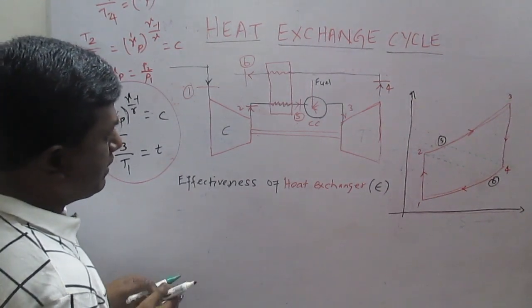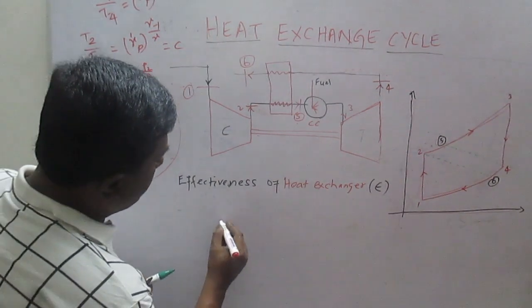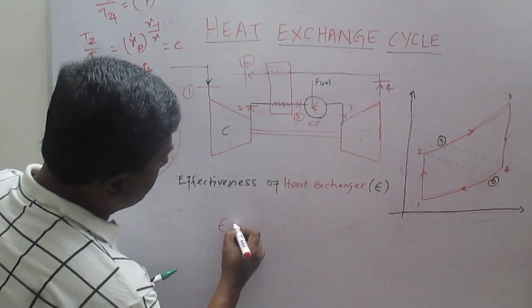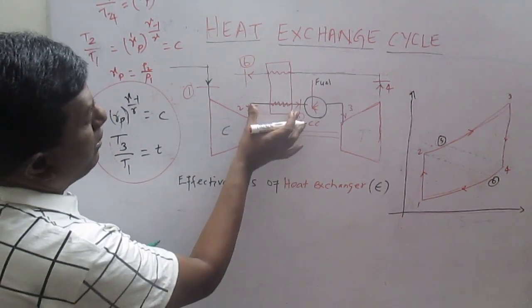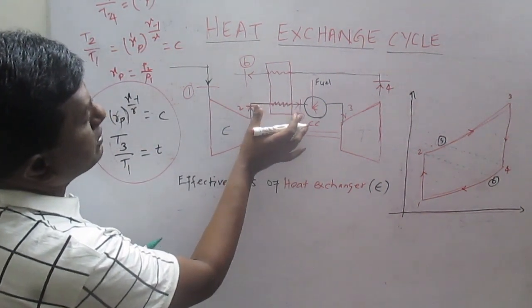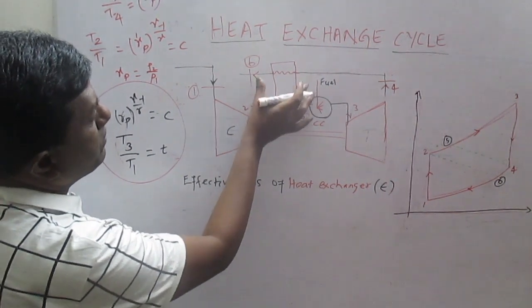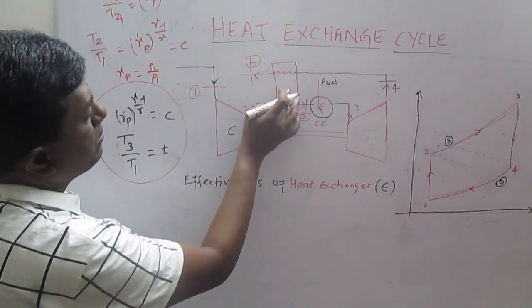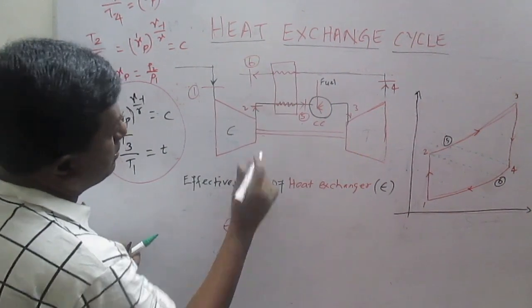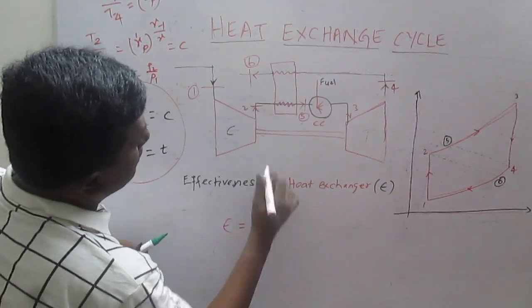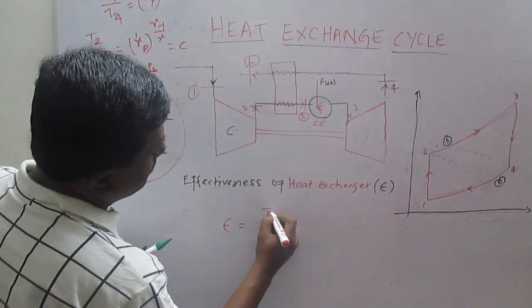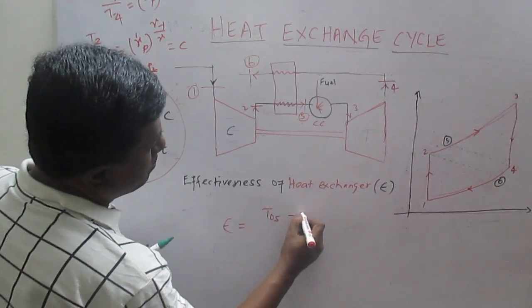So it is equal to the temperature rise achieved because of the presence of the heat exchanger, that is nothing but T05 minus T02.